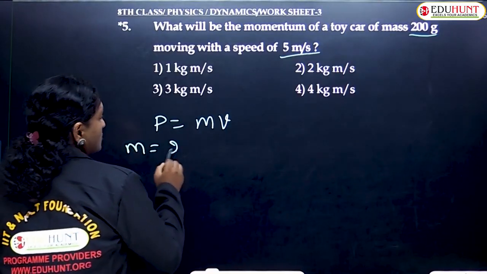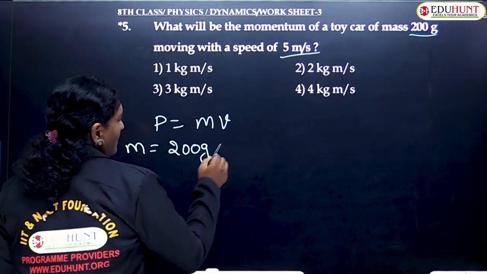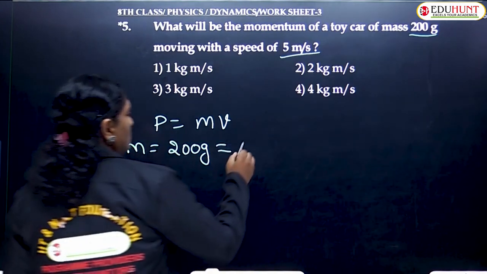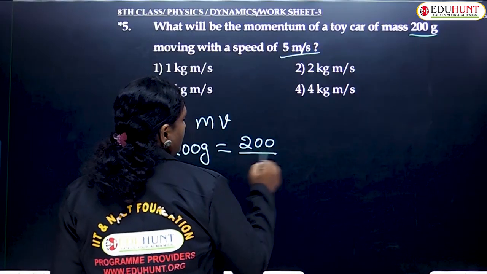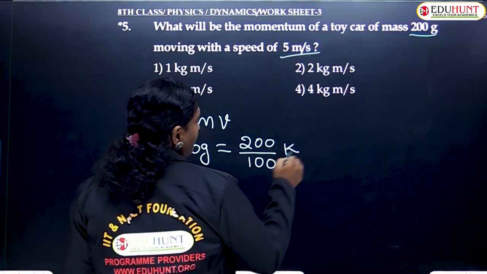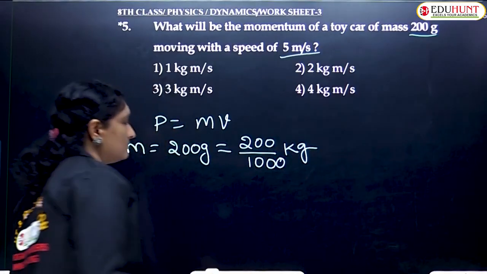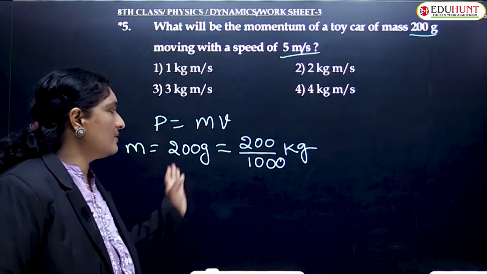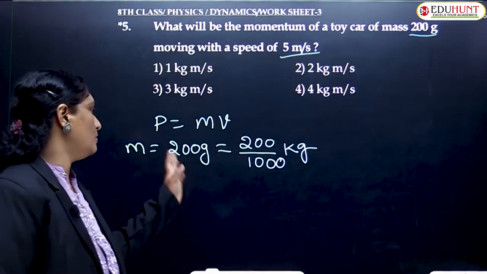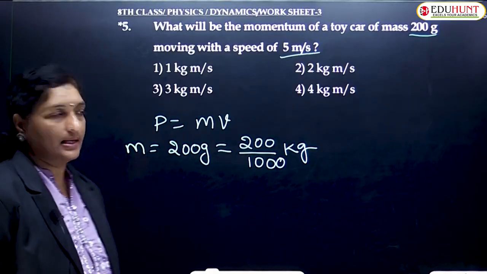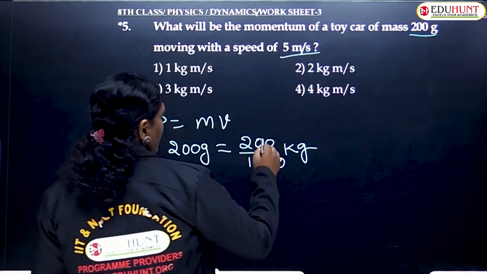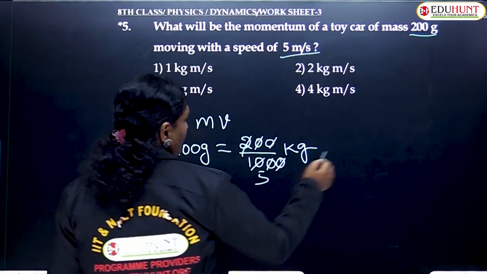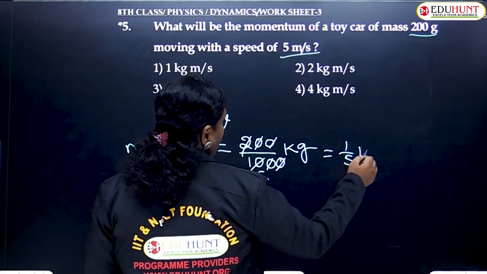Mass is given as 200 grams. To convert grams to kgs, divide by 1000. 1 kg is 1000 grams and 1 gram is 1 by 1000 kg. So 200 grams is 200 by 1000 kg. Further simplification, the zeros get cancelled, 2 goes upon 10, that is 1 by 5 kg.